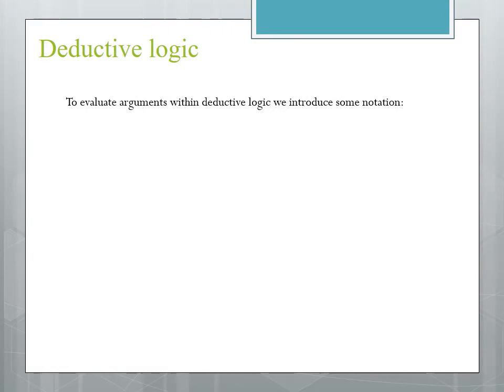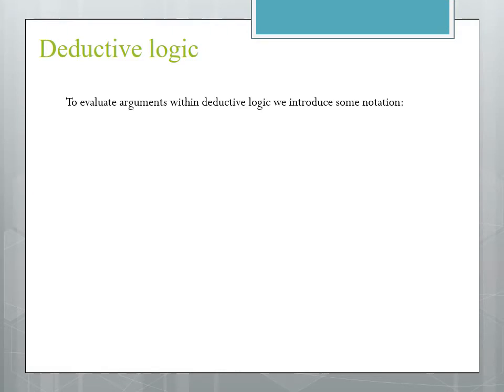So I talked on the previous slide about deductive logic as introducing a new language. If we build on that idea, deductive logic as involving a new language, then one thing we want to know is what's the vocabulary? What kinds of things does this logic use?